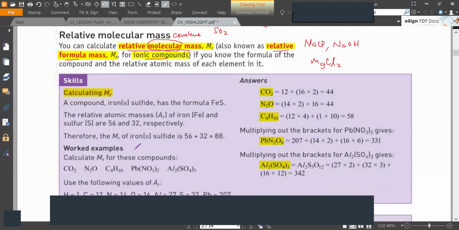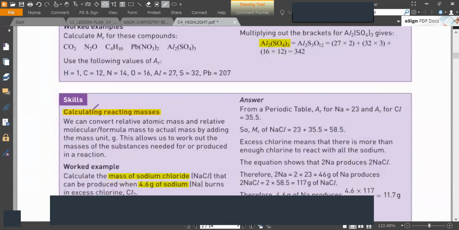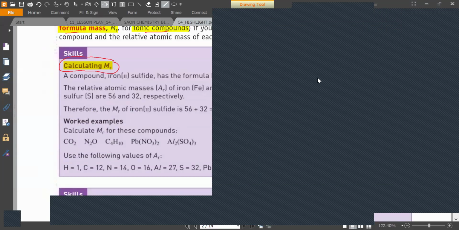Our first practice is to calculate Mr, which is very, very easy. We just need to have the periodic table. Let me open one periodic table.